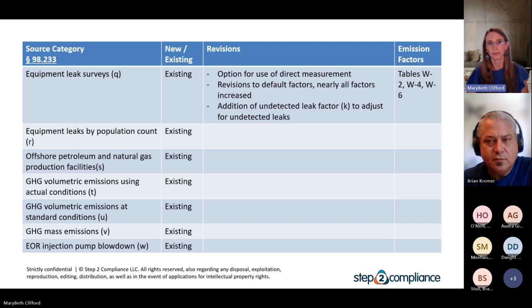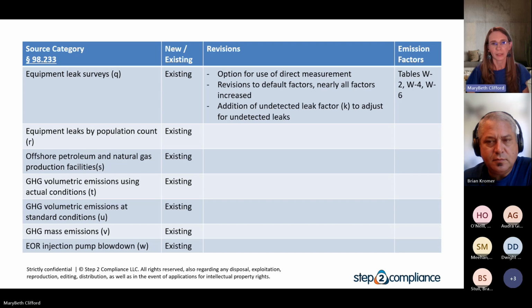So you have to find 50 leaks of each component type in order to be able to create a site-specific emission factor. And it involves doing measurement of the leak during the survey as well. And that has to be updated on an annual basis.